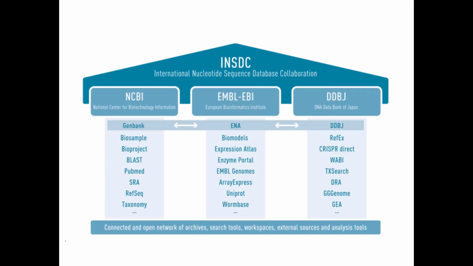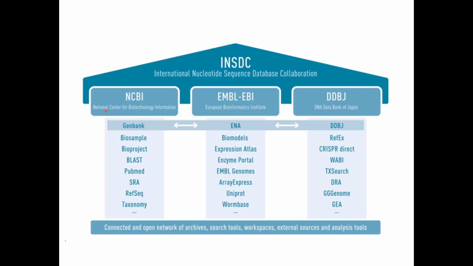Then let's look into the broader version, that is the International Nucleotide Sequence Database Collaboration, INSDC. It is a collaboration between different database systems, that is the NCBI, EMBL-EBI and DDBJ.